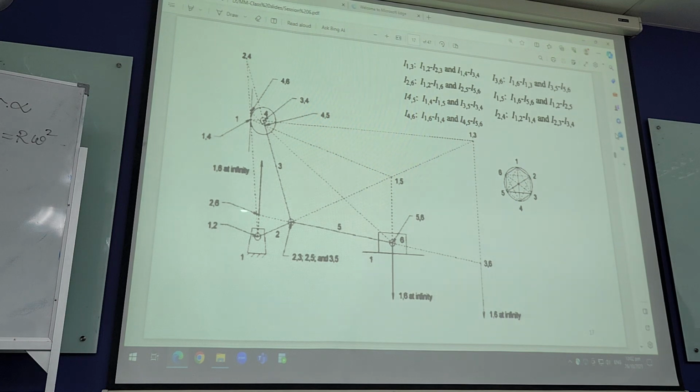Okay, so you can locate 2, 6 between 1, 2, 1, 6. Okay, then 2, 5 and 5, 6. So on this line, the intersection of these two lines will give you 2, 6.